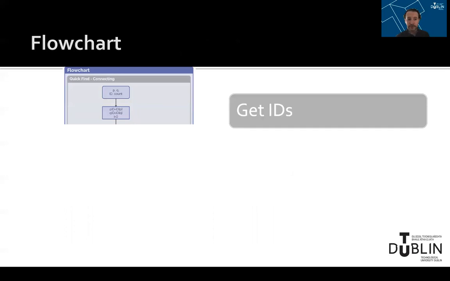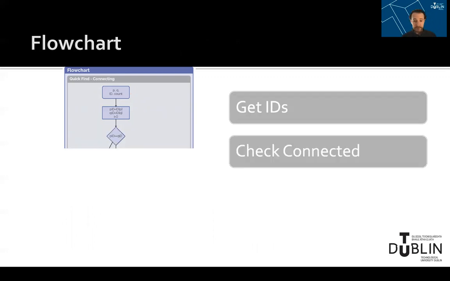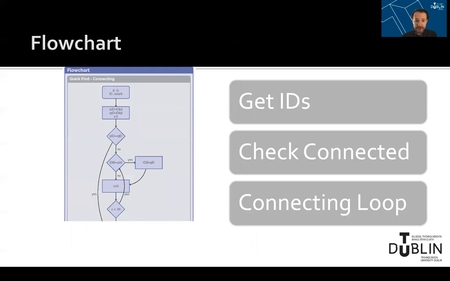So in the flowchart form, what we have here is we pass in P, Q, ID, and count. We get the IDs, and we start our loop. If PID and QID are the same, we jump to the end. If they're the same, you just exit out.